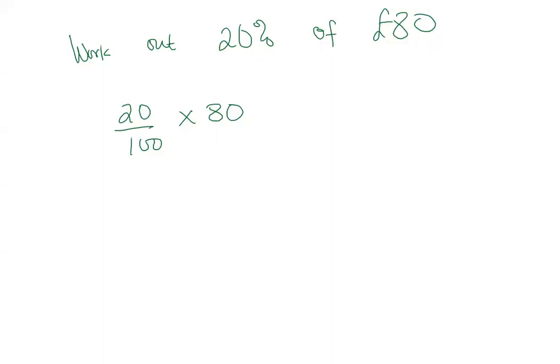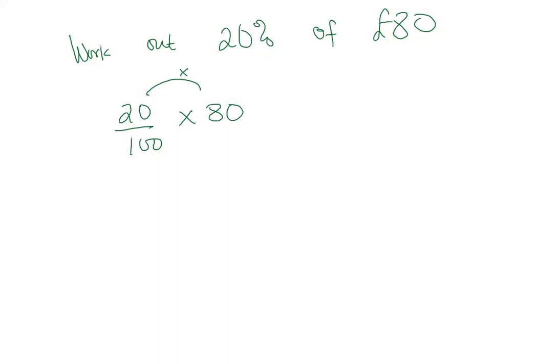You multiply the top by the top, then you divide by 100. What is 20 times 80?